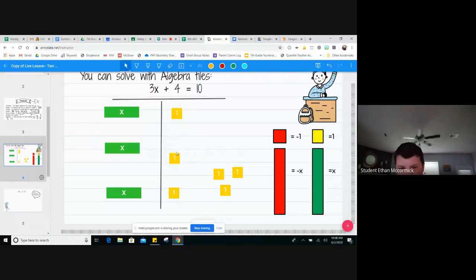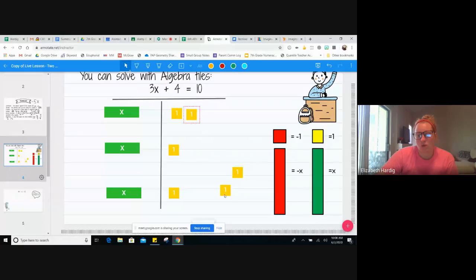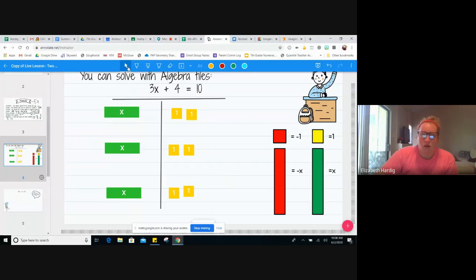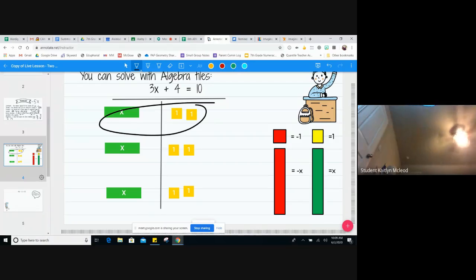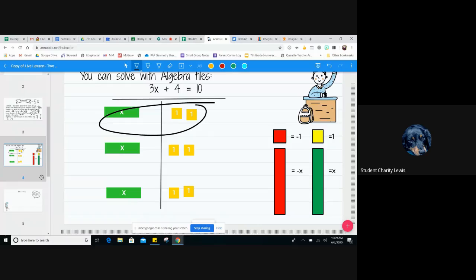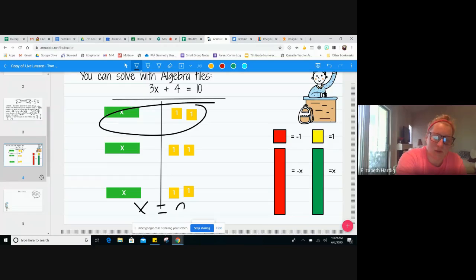Two ones on each one, or 2 each, because that would share evenly, right? Yes. So now that means that each 1x is equal to how much? It'd be 2. 1 whole x would equal a positive 2.